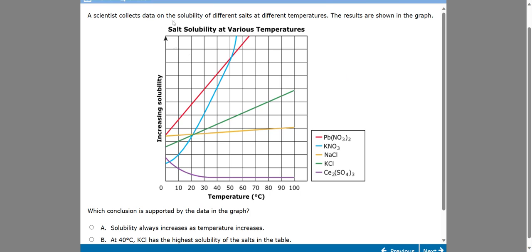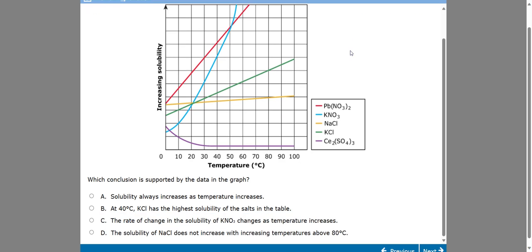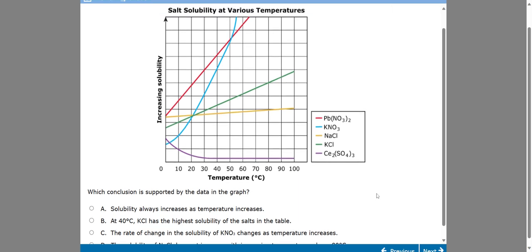And we're looking at the solubility of different salts at different temperatures. And you look at this information and you're like, well, what can I conclude based on this graph?